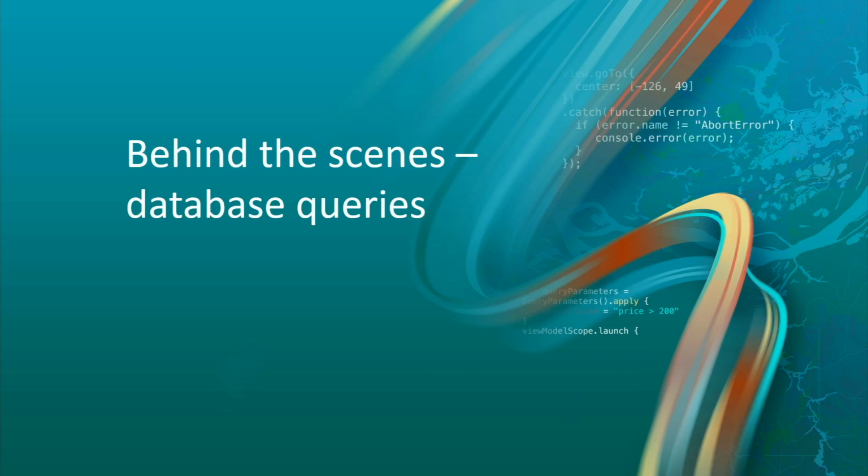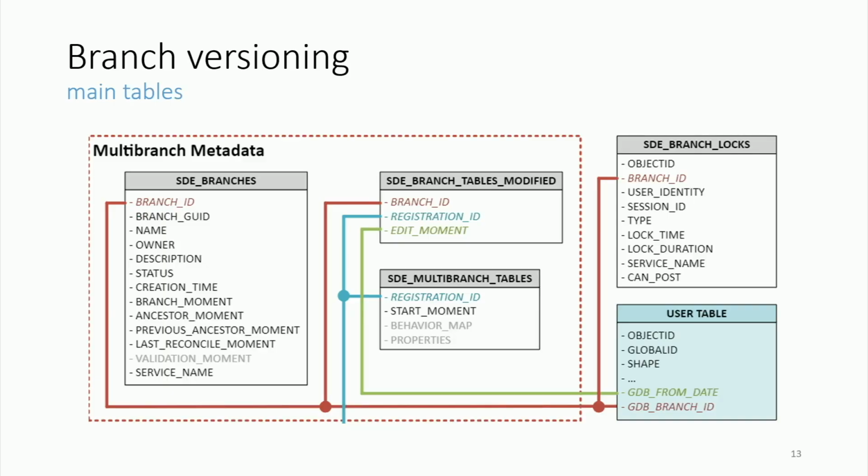Okay, let's take a little peek at how the queries actually work. This is kind of representative, and it will give you an idea for what's going on. Not all the details are here, but all the interesting details are here. So, when we look at branch versioning, the main tables related to branch versioning, here they are. And you can see some of the key relationships in different colors.